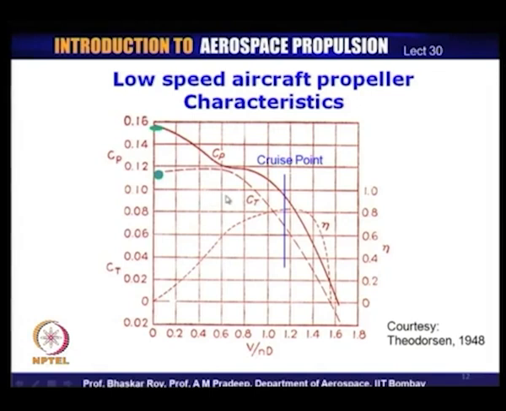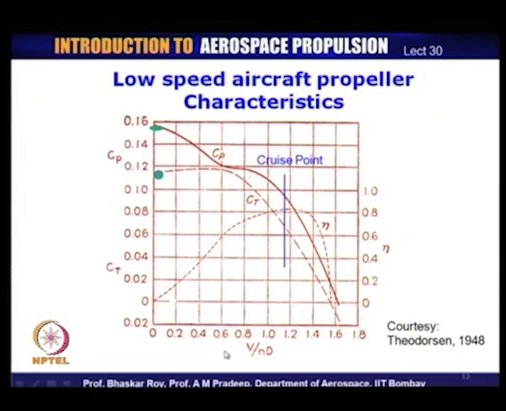And the efficiency of the propeller is being shown over here, which shows that the efficiency of the propeller maximizes somewhere at one point. This is plotted with reference to advance ratio V by ND, and this shows that the efficiency of the propeller could be maximum at one point, whereas the thrust and the power could be maximum at some other point of advance ratio.